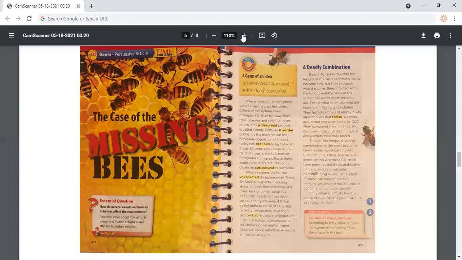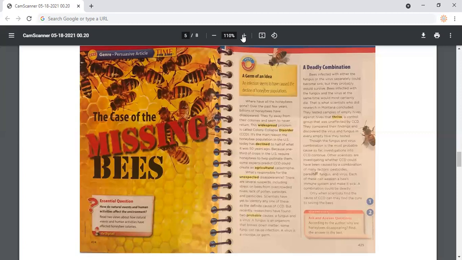All right, so here we have features of a persuasive article. We know this is a persuasive article because we have an opinion, right? The opinion is that an infection seems to have caused the decline of honeybee populations, and we have claims that are supported by facts and studies.